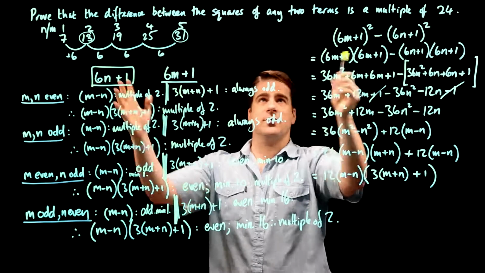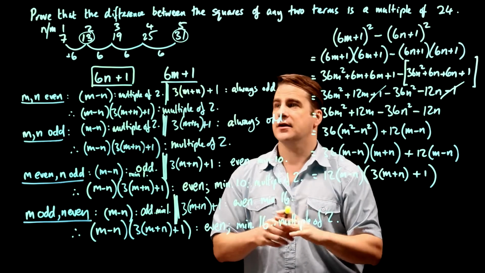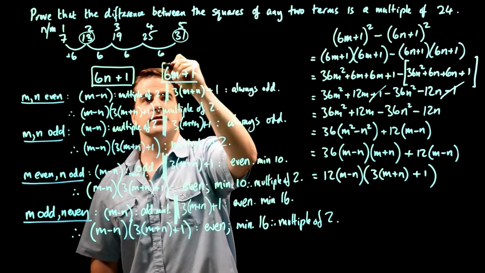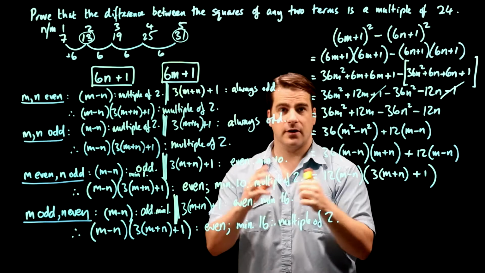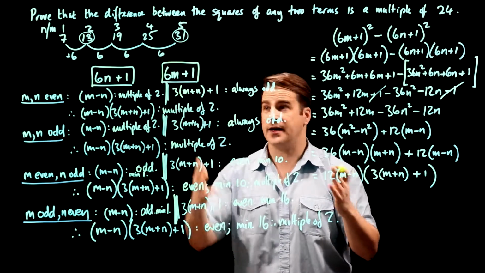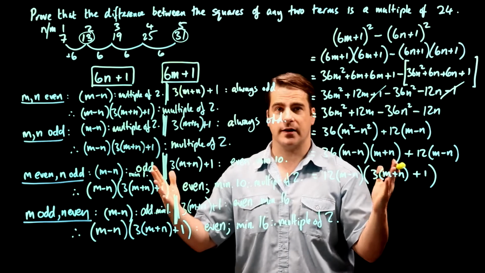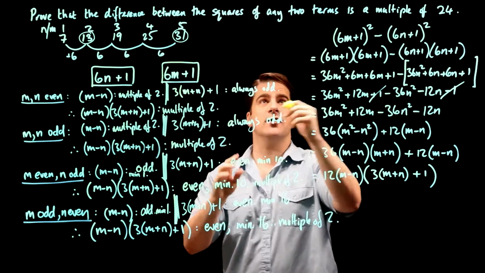When these sorts of questions say any 2 terms, just immediately introduce the same expression, the formula for the nth term, but use a different letter. I chose m, you can choose anything. And then you've got your expressions for your any 2 terms.